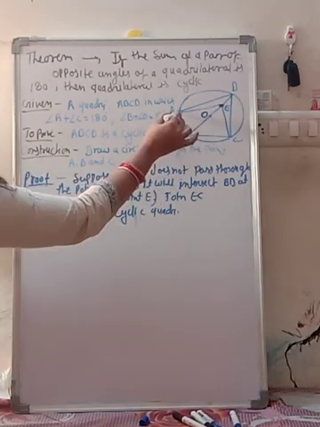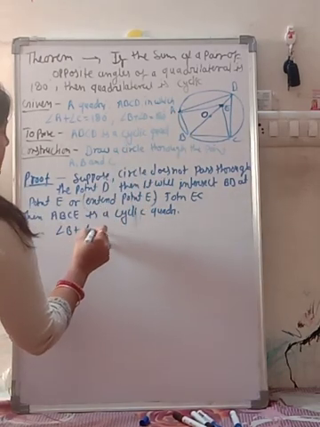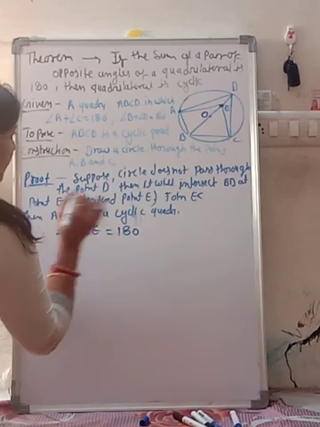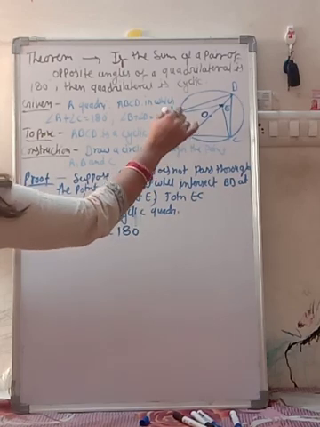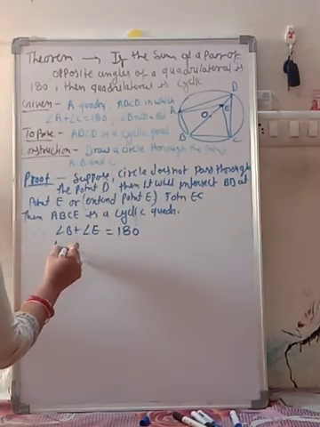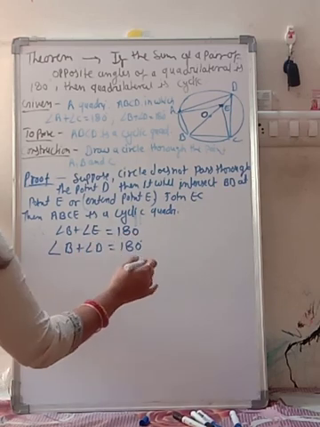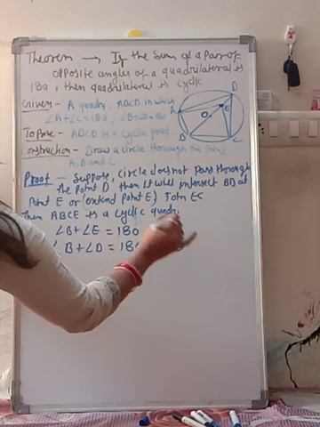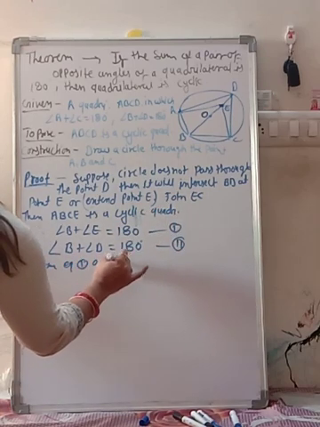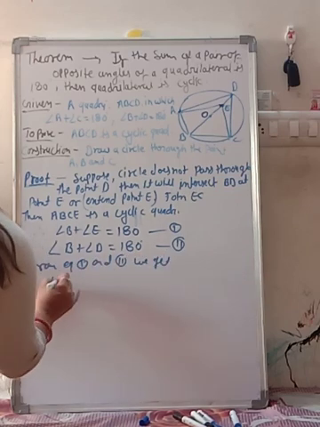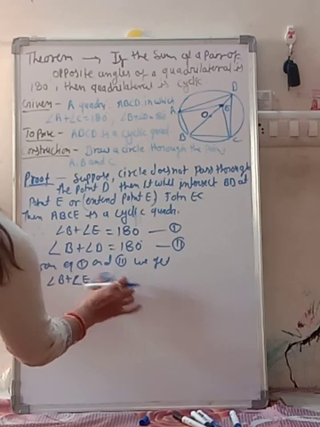So now in this new quadrilateral ABCE, angle B plus angle E is 180 degrees. And in quadrilateral ABCD, angle B plus angle D equals 180 degrees. So this is equation 1 and this is equation 2.